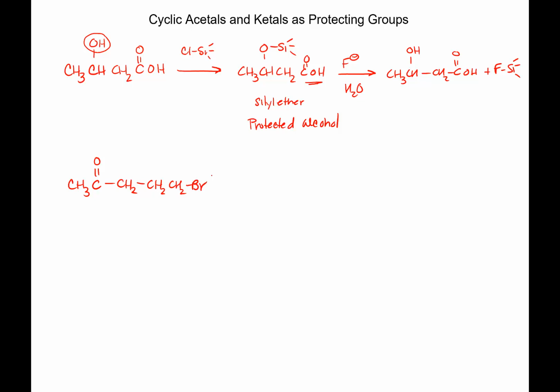This is my standard example. Now, if I had this molecule and I wanted to form this molecule, in other words, I want to replace the bromine with a carboxylic acid, how would we do that?